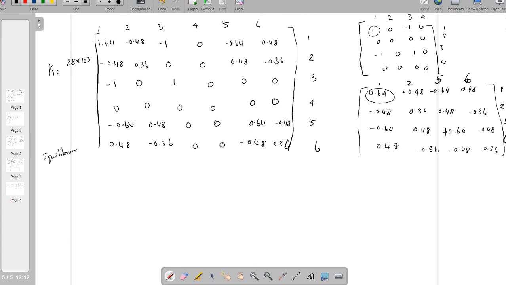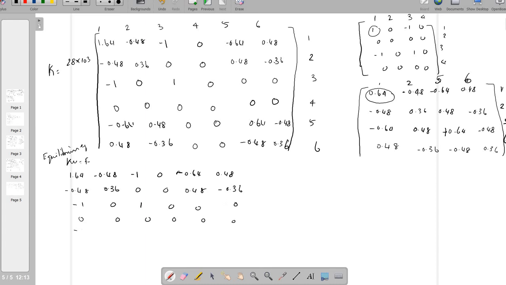The equilibrium equation is Ku equal to F. So K, I am going to write again: 1.64, minus 0.48, minus 1, 0, minus 0.64, 0.48; minus 0.48, 0.36, 0, 0, 0.48, minus 0.36; minus 1, 0, 1, 0, 0, 0; 0, 0, 0, 0, 0, 0; minus 0.64, 0.48, 0, 0, 0.64, minus 0.48; 0.48, minus 0.36, 0, 0, minus 0.48, 0.36. So this is our K matrix.